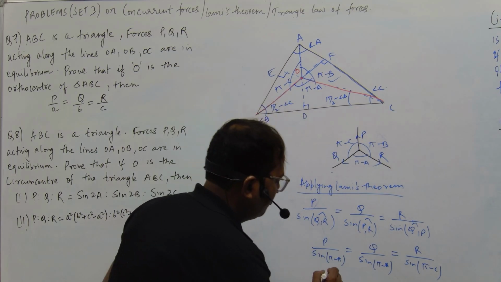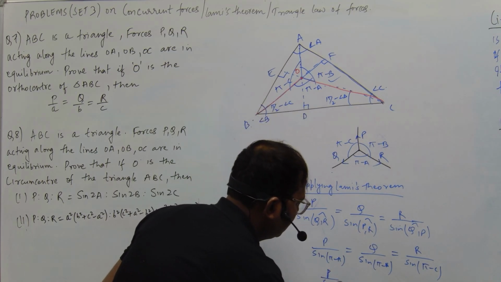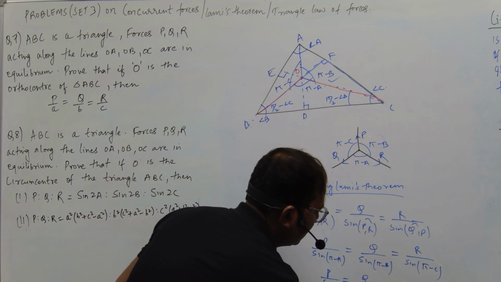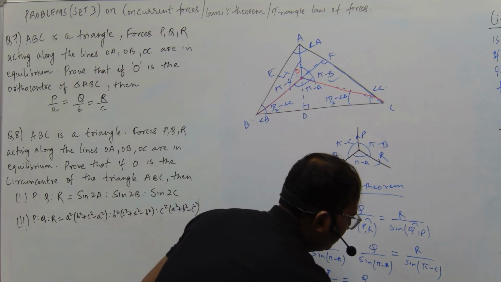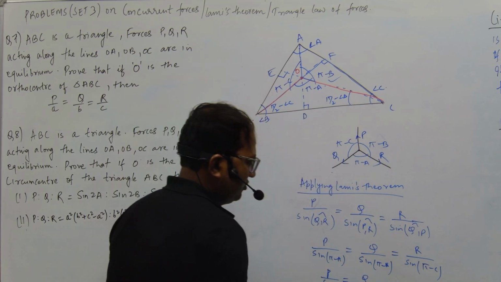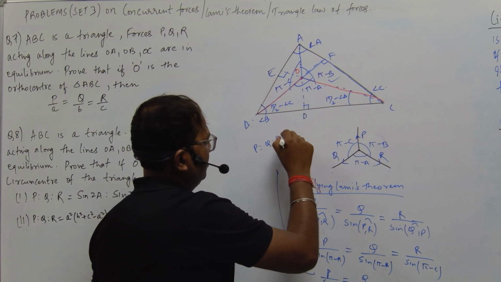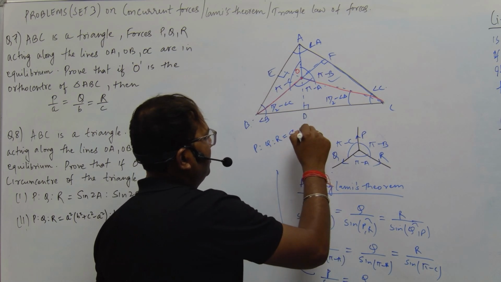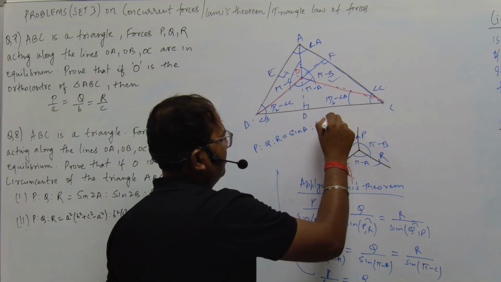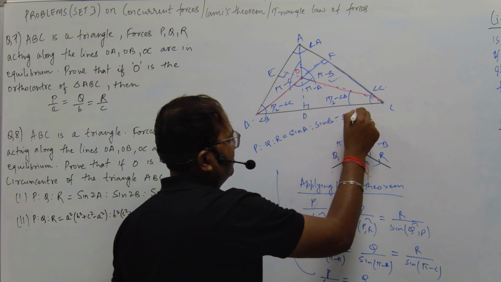So P upon sine A is equal to Q upon sine B is equal to R upon sine C. From here, P is to Q is to R is equal to sine A is to sine B is to sine C.